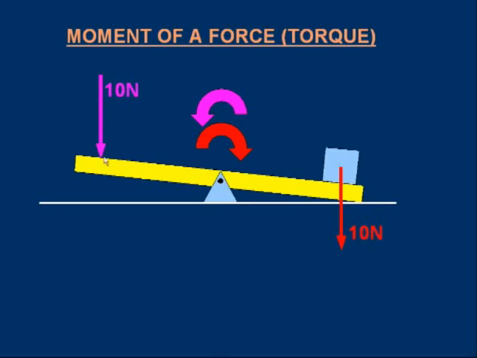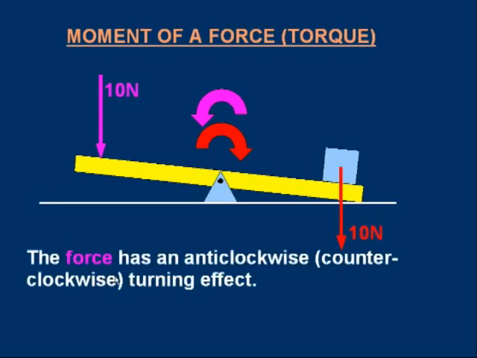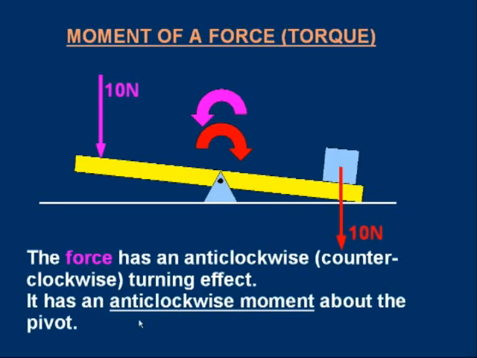So we can say that the force has an anti-clockwise or counterclockwise turning effect. Or in a more conventional way, it has an anti-clockwise moment about the pivot. So we get back to a balanced seesaw.